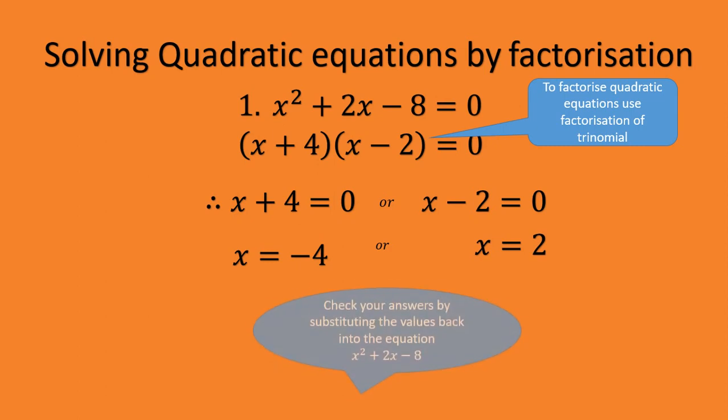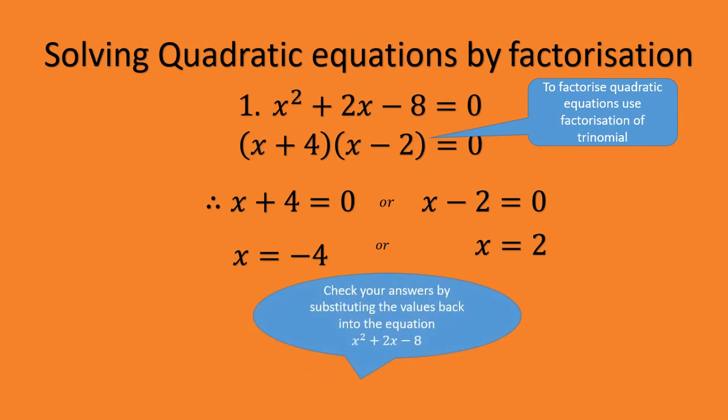We can test, of course, or check our answer by substituting these values back into the original equation, and we should get an answer of 0 in both cases. Substituting x equal to minus 4 will give me minus 4 squared plus 2 times minus 4 minus 8. And that will give me 16 minus 8 minus 8, which does give me an answer of 0.